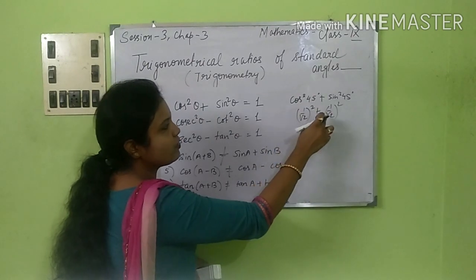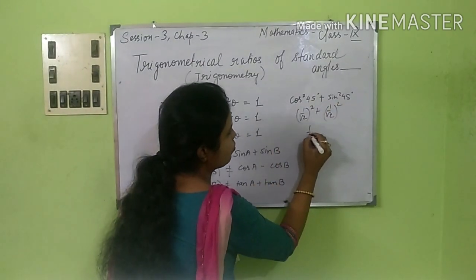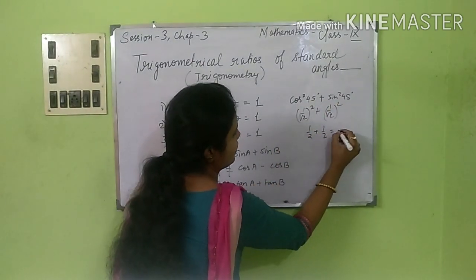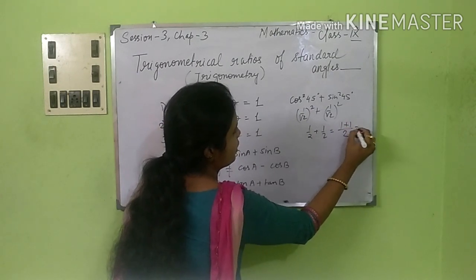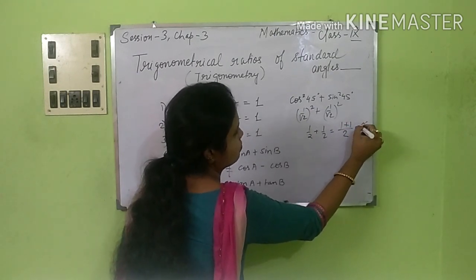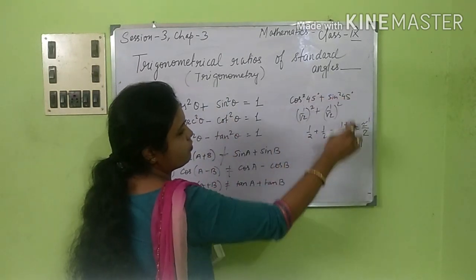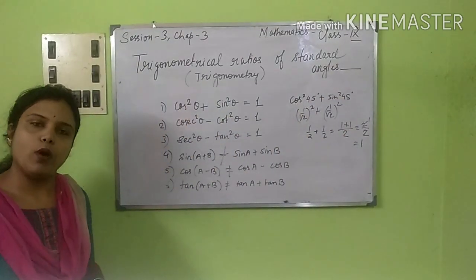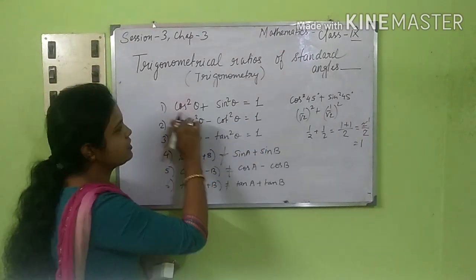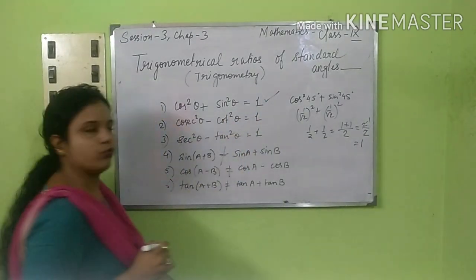So 1 by root 2 whole square plus 1 by root 2 whole square, you are getting 1 by 2 plus 1 by 2, that is 2 by 2, that is 1. So cos square 45 plus sin square 45 is equal to 1. So this particular formula is proved.